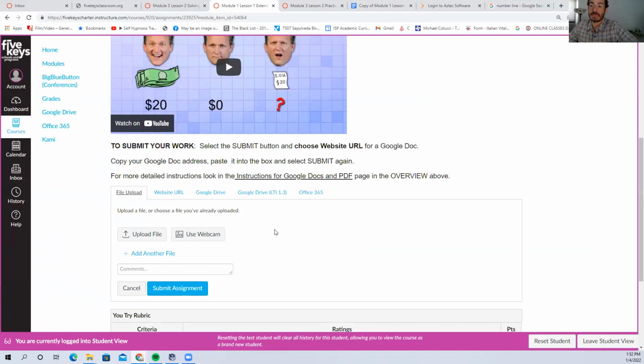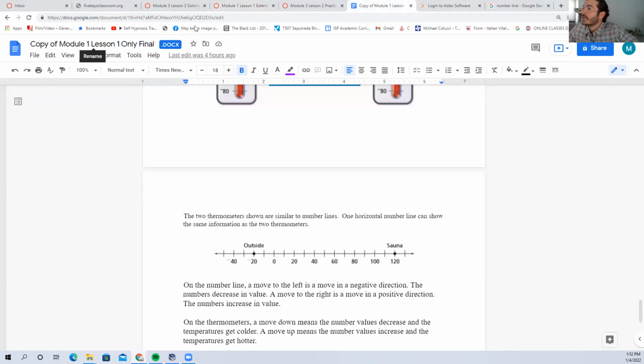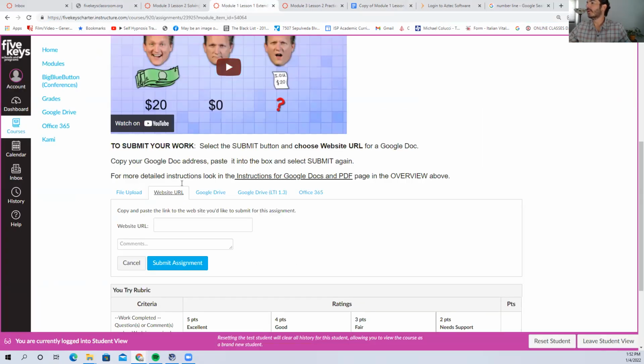If you've already shared it with me on the Google Doc, you can just paste the link. You can copy it with Control C, then hit Control V, or however you like to copy and paste. You can use the mouse, and then you submit assignment right there.